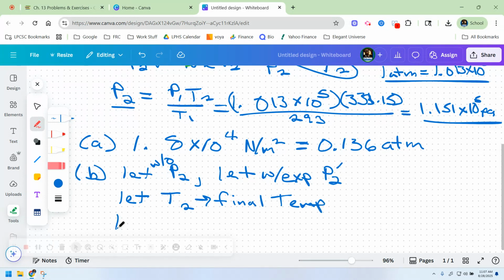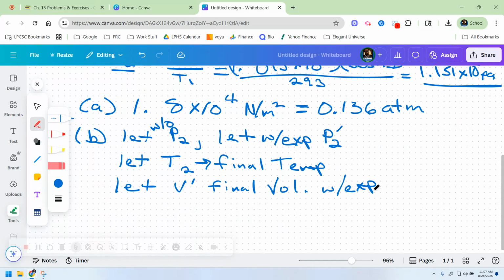And then lastly, we're going to let V prime be the final volume, and that's with expansion. Okay? All right, so how do we set this up?